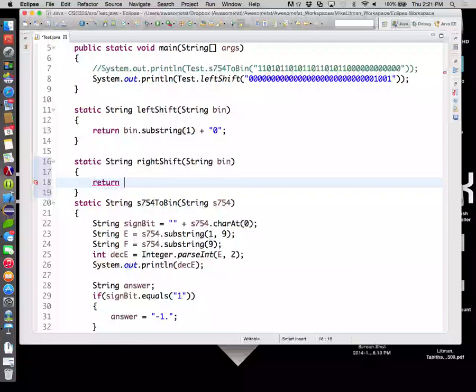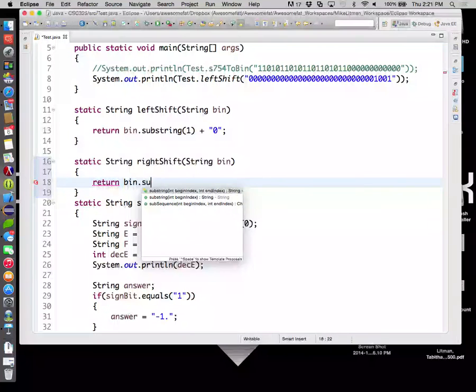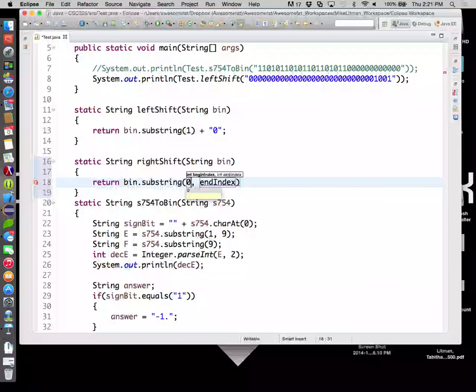It's the same thing, you just take out the 1 and 0. Okay, so you're going to say bin.substring(0, like that. What's this going to give us? bin.substring(0) is going to give us literally the entire string. It's going to give us the whole thing. So we want really from 0 to bin.length minus 1.